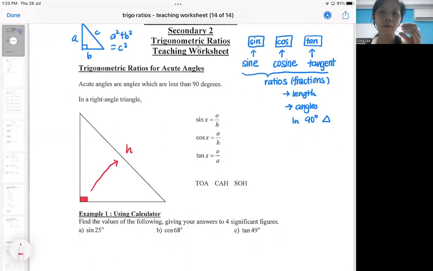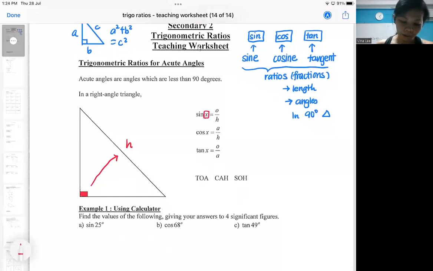The hypotenuse is the one we label as C. Right now, for the hypotenuse, we use H. It will still be the longest length in the right angle triangle. The other two lengths during Pythagoras theorem, you just label as A and B, your choice. But right now, we cannot label them A and B in any way that you like. Your labeling actually depends on the location of your angle.